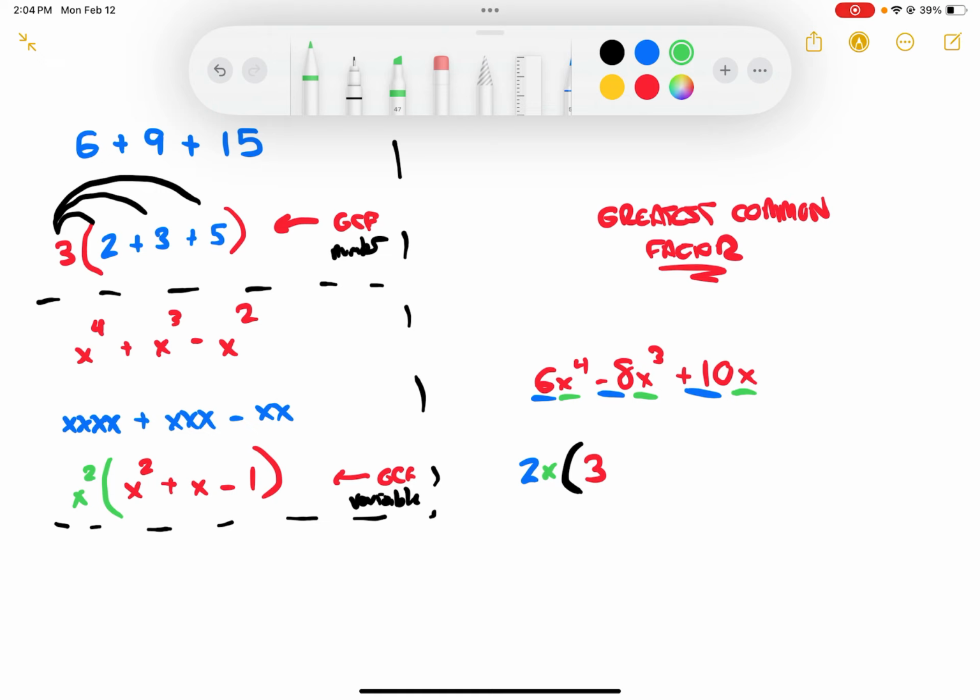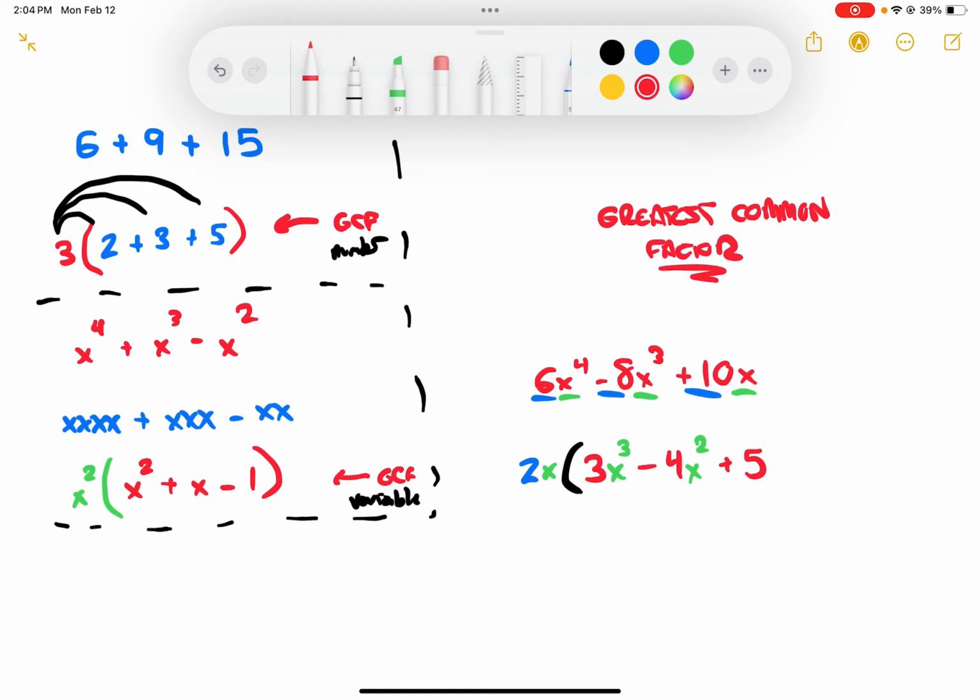And then we have x to the fourth divided by x to the power of 1, so that would be x to the power of 4 minus 1, which is 3. Minus 8 divided by 2 is 4. x cubed divided by x would be x to the power of 3 minus 1, which is x squared. Plus 10 divided by 2 is 5.